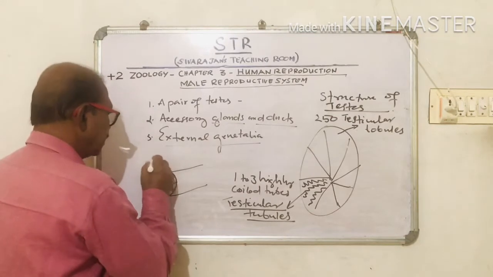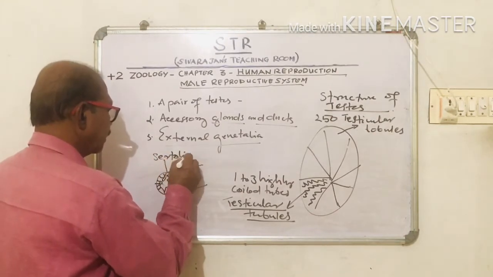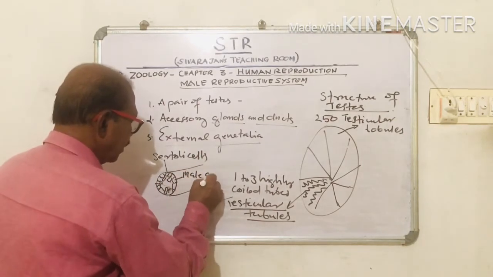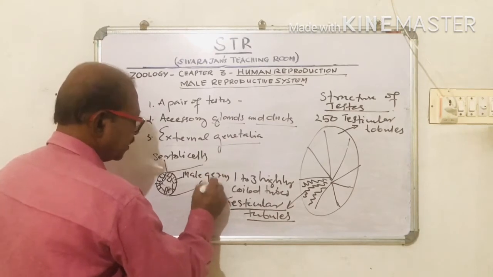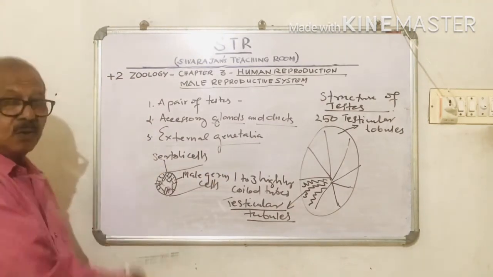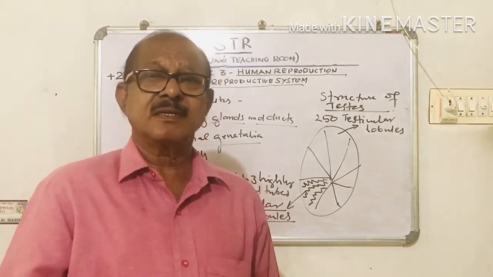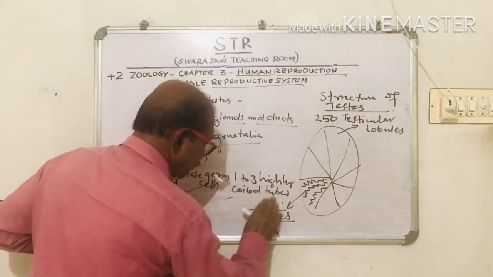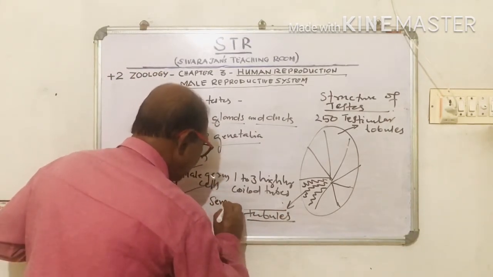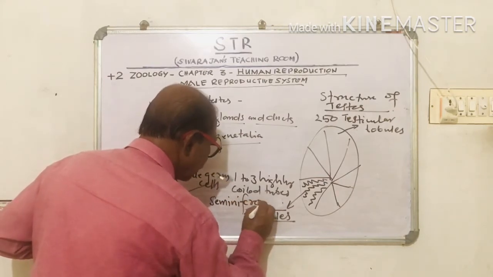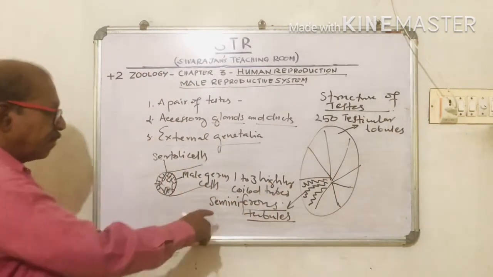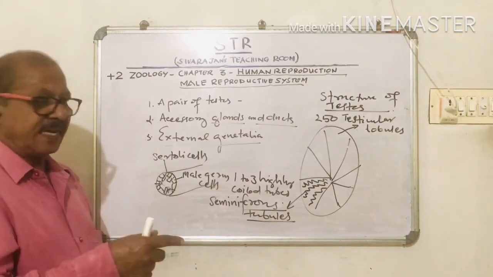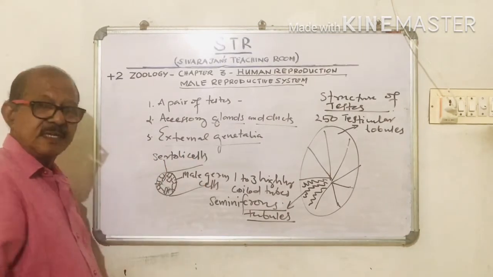One, Sertoli cells, and second, male germ cells. So there are two types of cells inside the testicular tubules, which are also called seminiferous tubules. So each seminiferous tubule has two types of cells inside it. One is Sertoli cells, the other is male germ cells.